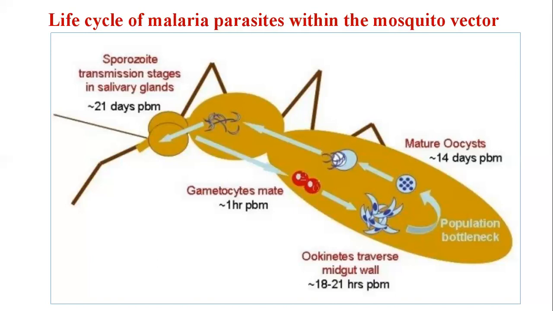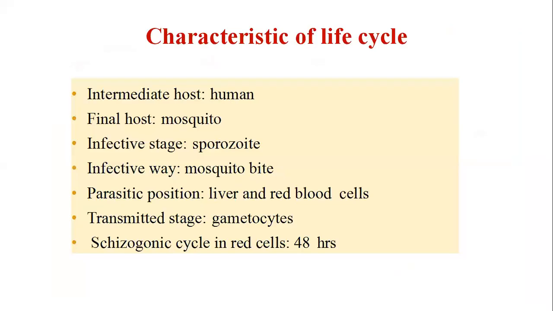Now the sporozoites will travel to the salivary gland of the mosquito, and the cycle of human infection begins again when the mosquito bites another person. So this is how the mosquito cycle, or replication cycle, of the Plasmodium species has been completed.